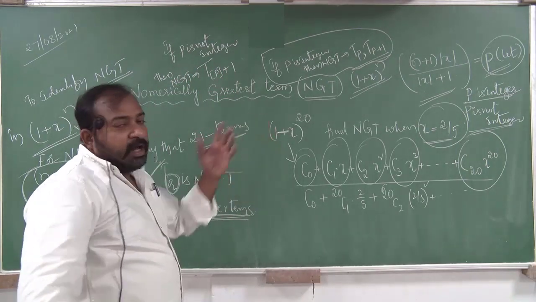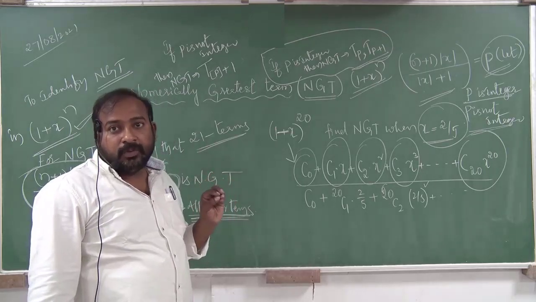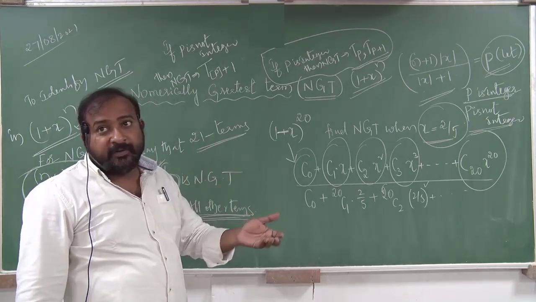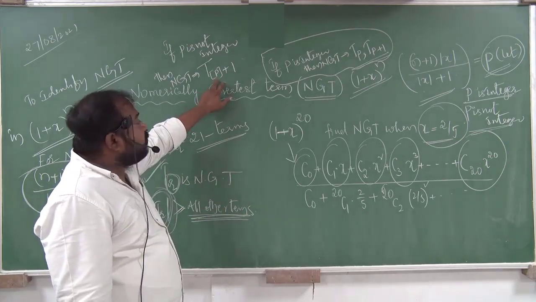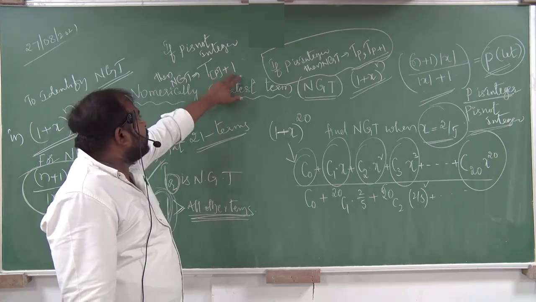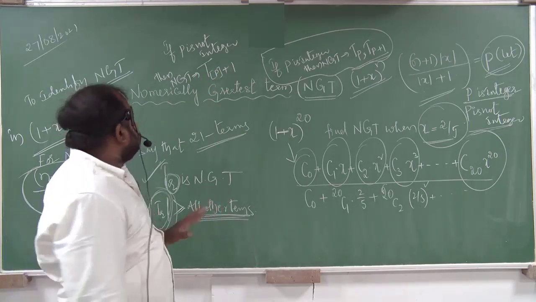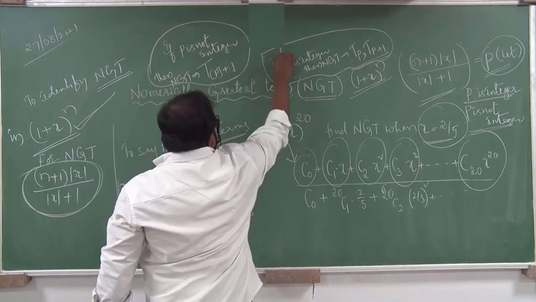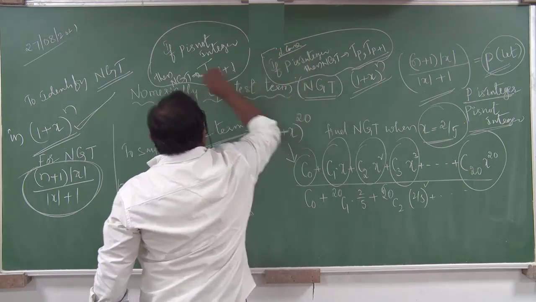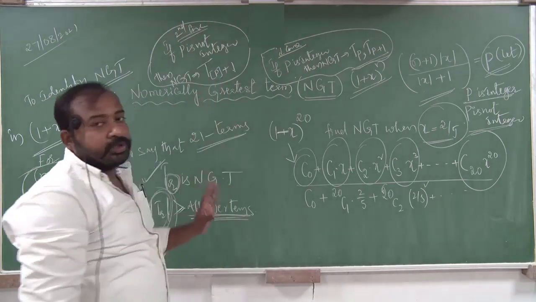For example, if my p value is 2.3, which is not an integral value, then the floor of 2.3 is 2. So T2+1, that is T3, is the numerically greatest term. This is the first case, and this is the second case. Based on this we can proceed.